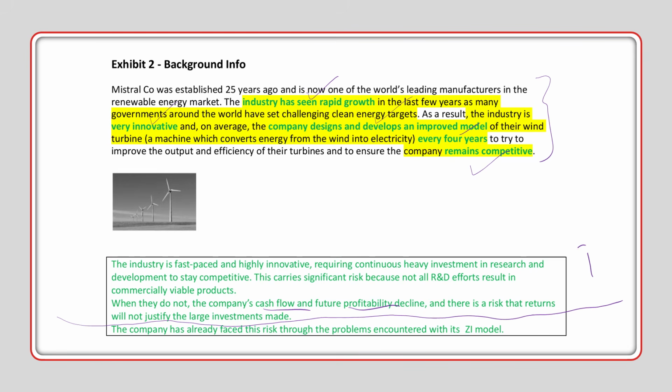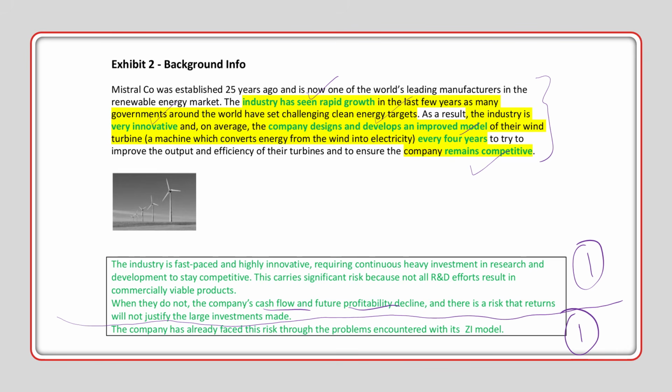So my 1 mark is for any company in this sector, that the products they're trying to develop might not be successful. That's just my first mark. I don't need long sentences or fancy words. I just need to talk about the fact that there is going to be a waste of money if this doesn't work out. And simply by linking it to another piece of information in the scenario, I could be getting my 2nd mark.